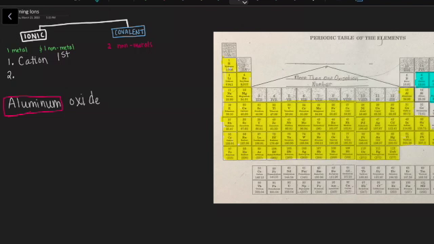And then you put your anion and just change the end to "ide." So you should write that step down. Anion second, change end to "ide."